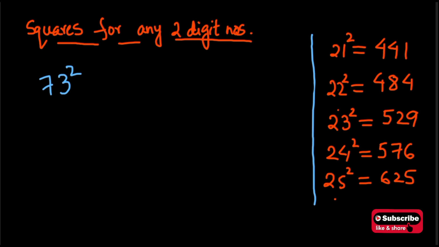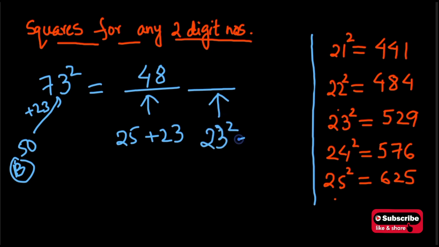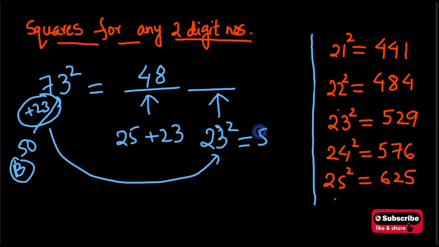Another example, let's take 73 square. As usual, compare from 50. We are going to take the base 50. 73 is 23 more, right? So you have to take the key number 25 plus 23, so it will be 48. Now the last 2 digits will be 23 square, and we know 23 square is 529. This 23 comes from the difference.